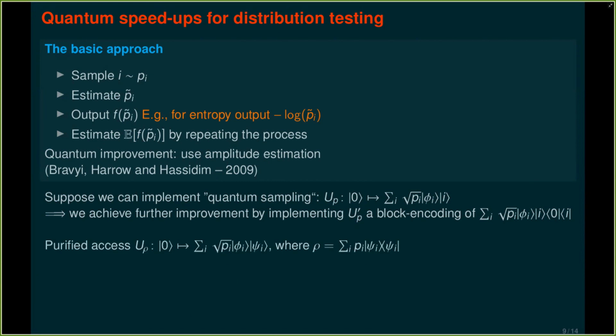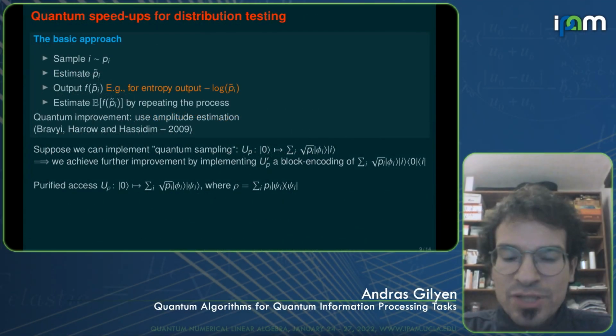And a nice thing about viewing this algorithm via this lens, using this block encoding which has singular values square root Pi's, is that it's not only that we improve on the earlier results, but also because we treated quantum information in a coherent way, the results and the techniques directly generalize to density operators. So we get new algorithms for computing the same functions, just now for density operators. For example, we move from Shannon entropy estimation, which is for classical distributions, to von Neumann entropy, which is a generalization to quantum states.